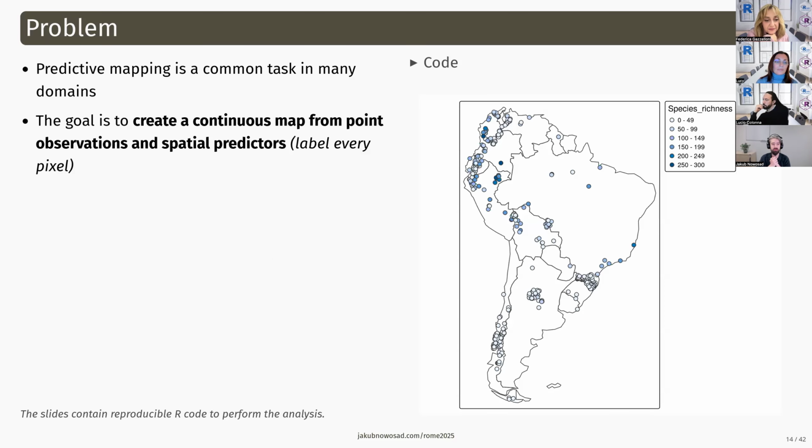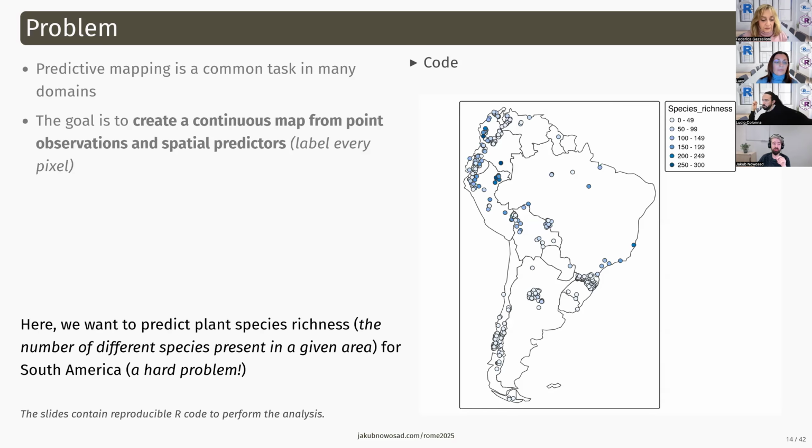between our measurements. So here we want to create a continuous map from our point observations. In other words, we want to label every pixel. So we want to label every place. In this case, you can see on the right, in South America. And our problem is about predicting species richness.